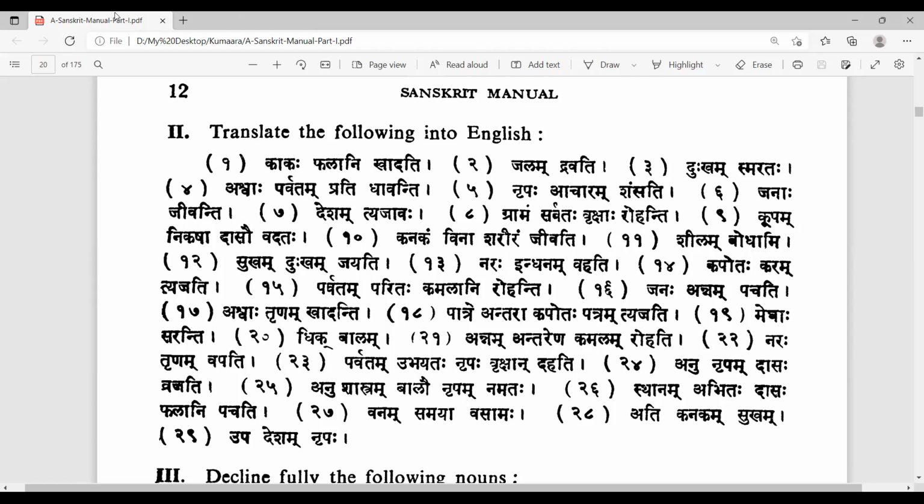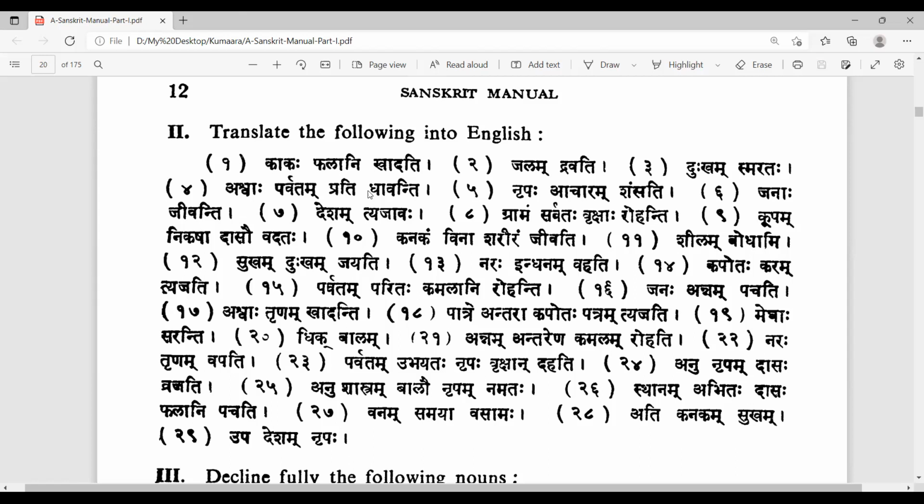Parvatam is dvitiya vibhakti. The horses run towards the mountain. Because dhavanti is movement, moving in the direction of, that's why I said towards the mountain. Right? Yes, please continue.